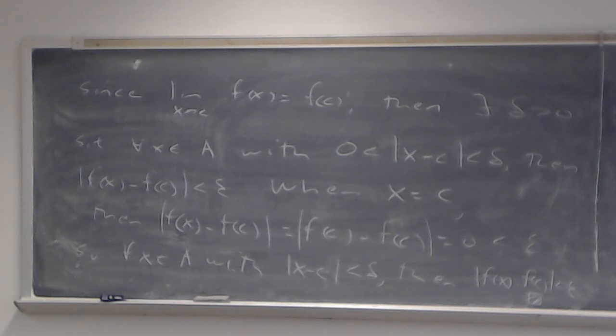All right, give me 1 second here. Let's see if there's something I want to say. Oh, it's maybe a little bit hidden, the role that c being a cluster point plays in this fact. Did we ever use the delta so that we have a point from A within delta units of c because c is a cluster point?